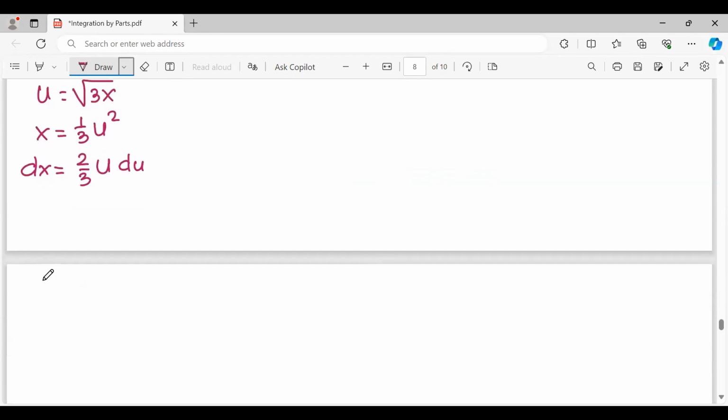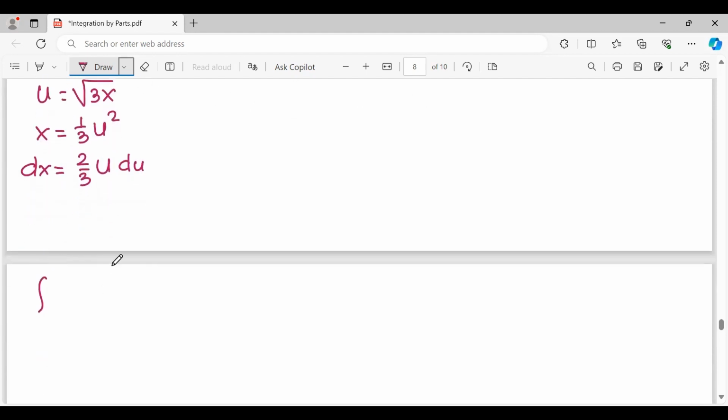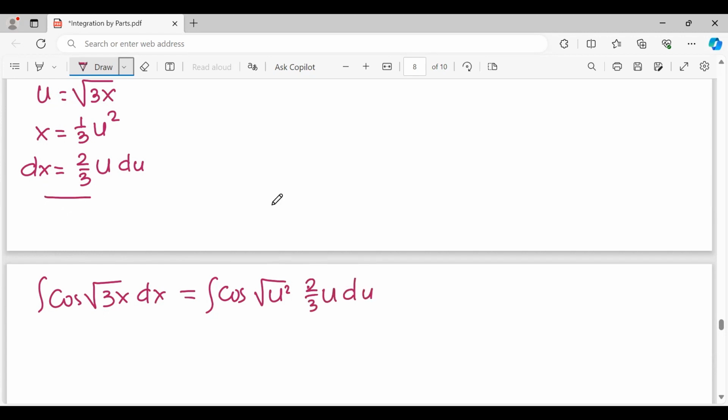So the integral of cosine square root 3x dx equals the integral of cosine square root u squared times 2/3 u du, because of this.